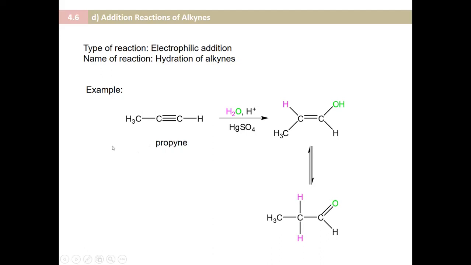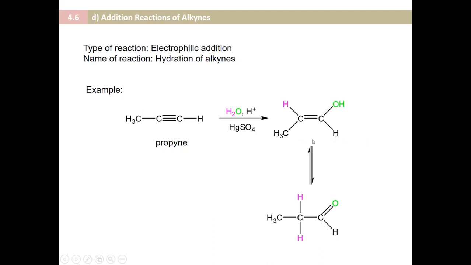Okay, let's take a look at this example. So here, this carbon has no hydrogen, whereas this carbon has one hydrogen. So what happened here? Hydrogen will add to this carbon and OH will add to this carbon.